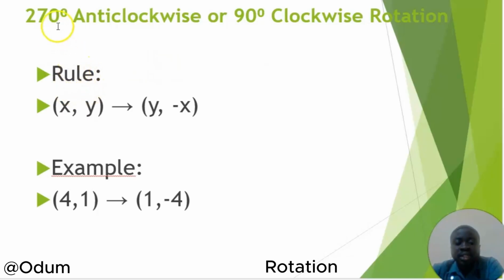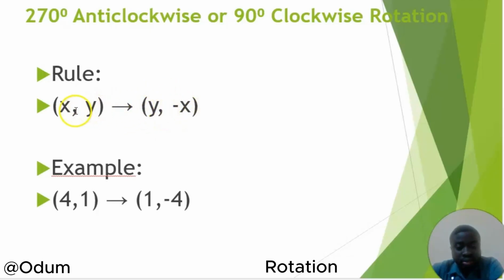When you're asked to rotate 270 anti-clockwise or 90 clockwise, this is the rule. When you have this point x, y and you're rotating 270 anti-clockwise or 90 clockwise, you are going to interchange the position of the variables.